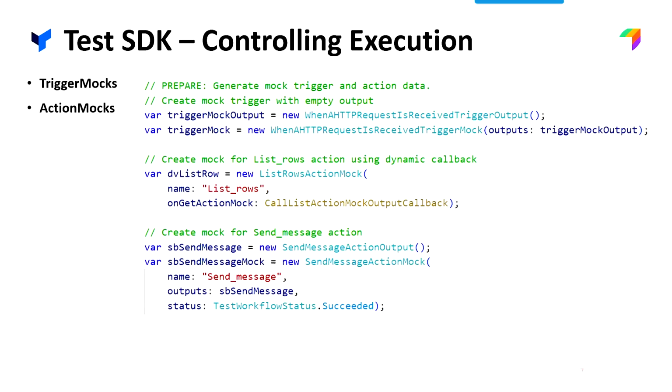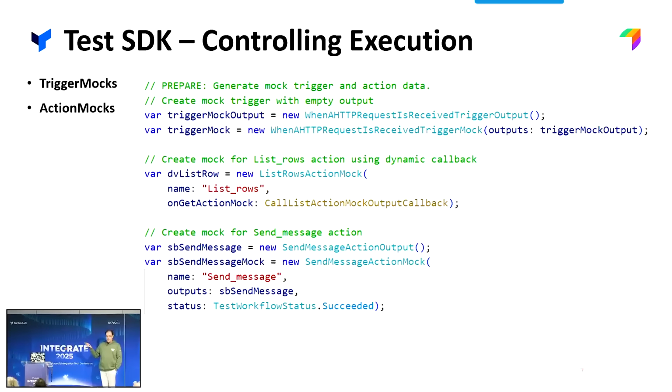Here we have some examples where, for example, I'm creating a new list rows from Dataverse, and that one is actually calling a dynamic callback, because I probably need to do loops, and creating all of that here would be super complex. But I also might need data from the input executions to do that.